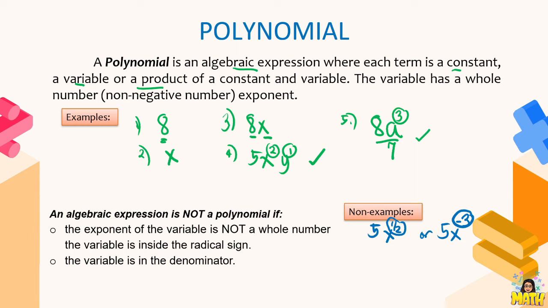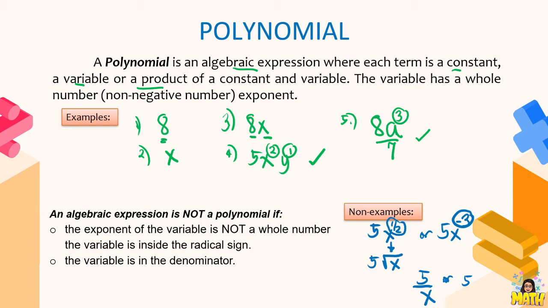Next, the variable is inside the radical sign. So, itong x raised to 1/2 is also considered as square root of x. So, if we have the expression 5 square root of x, this is already considered as non-polynomial. And the last one, the variable is in the denominator. So if we have 5 over x, here, yung x is nasa denominator is not considered as a polynomial.